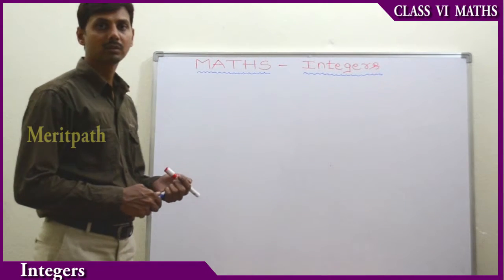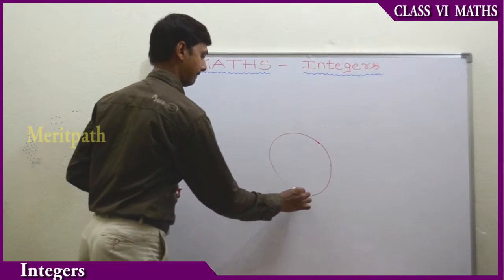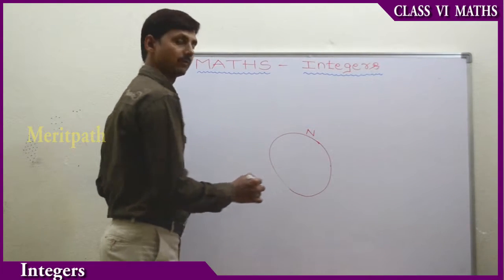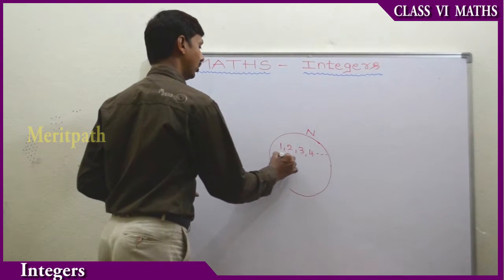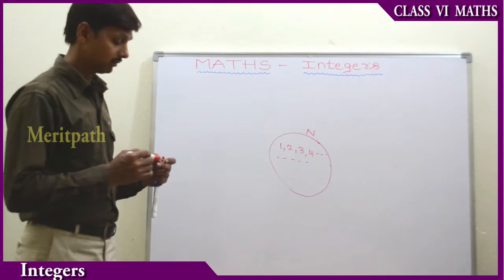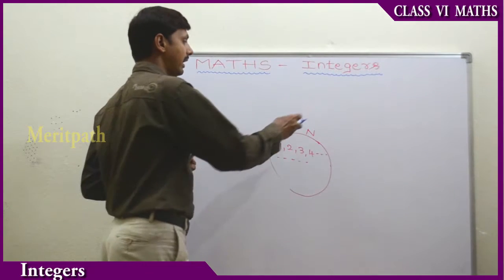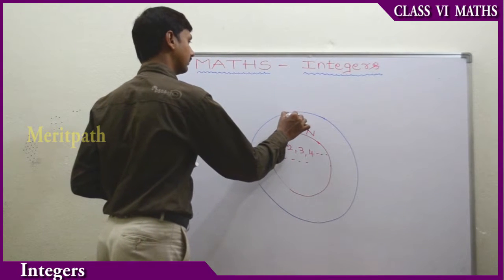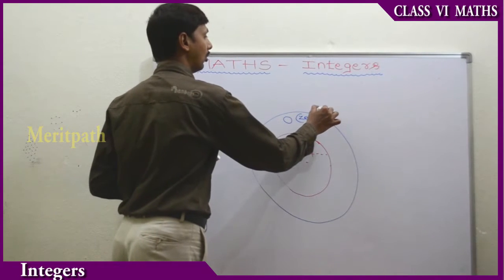Earlier we discussed natural numbers. Natural numbers start with 1: 1, 2, 3, 4 and so on. The counting numbers starting with 1 we call natural numbers, and natural numbers are denoted by capital N. And we know that natural numbers along with 0 are called whole numbers.